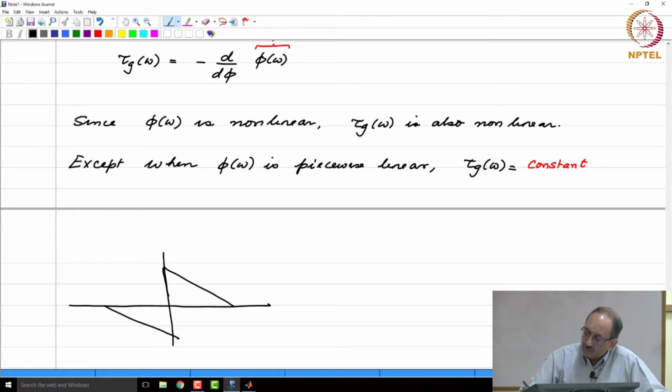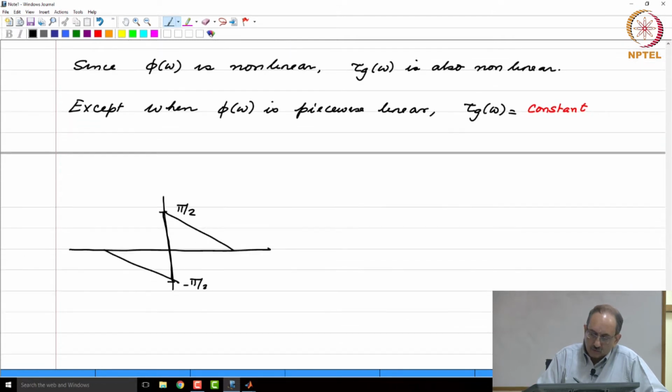And you have this jump, and this jump is of value pi, and note that phase unwrapping cannot get rid of jumps of pi in the magnitude times e to the j phase angle response. However, if you write this as amplitude times e to the j phase, you will get rid of these jumps of pi, because this jump of pi will get absorbed in the amplitude, therefore, there are no issues.